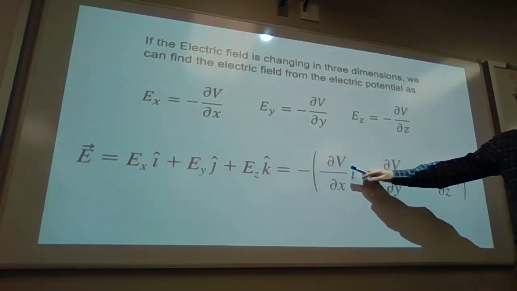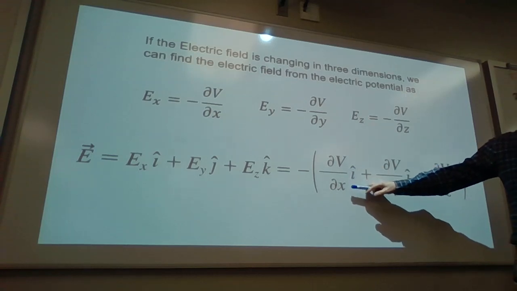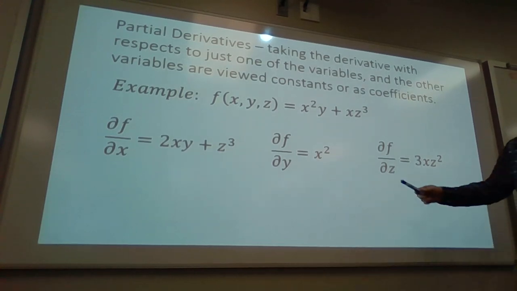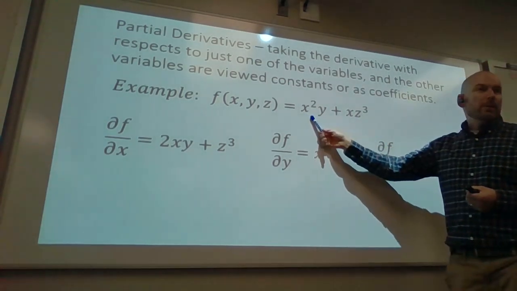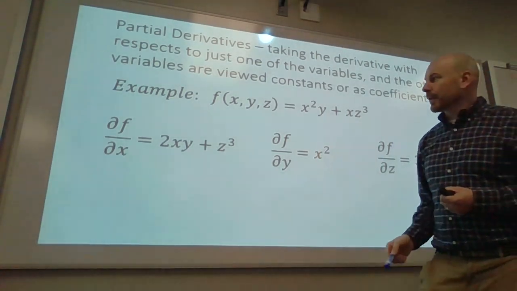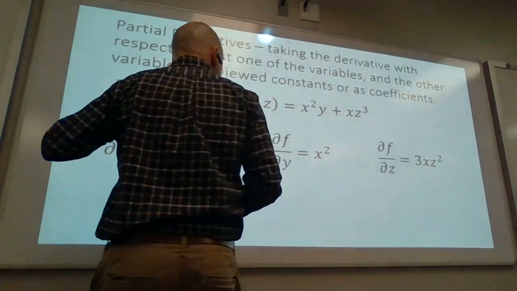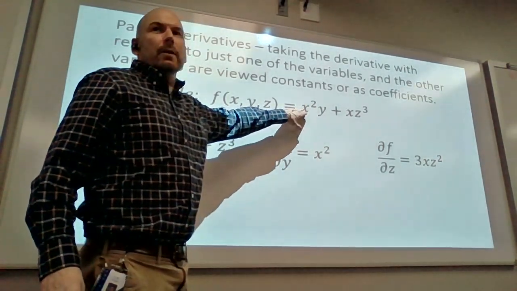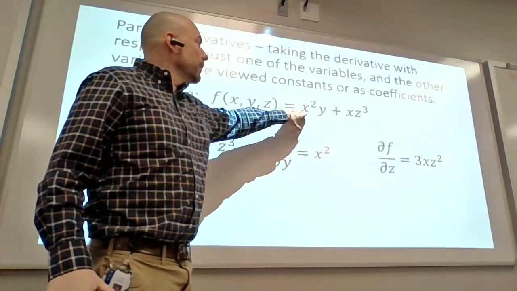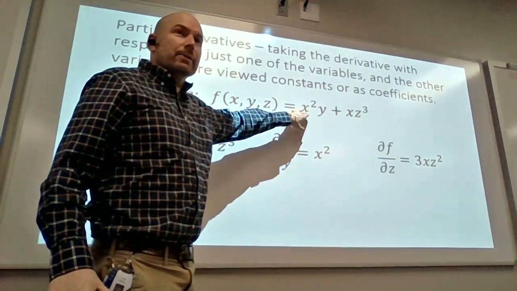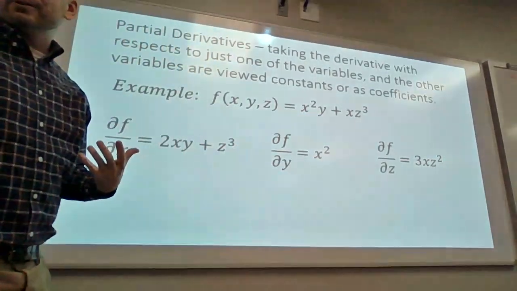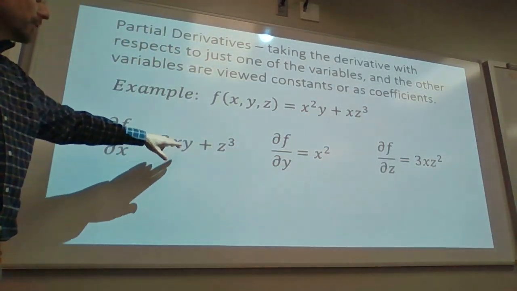Here's how you do this. Let's say we take the partial derivative of this function in terms of x, y, and z. Y and Z become constants, coefficients.